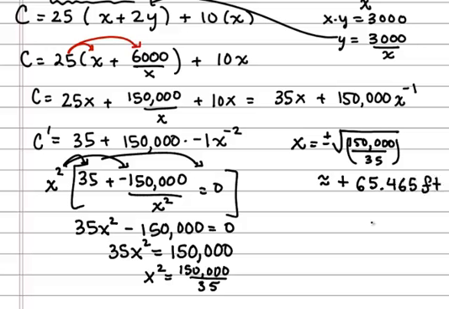And the reason why we can get rid of the negative amount is because it doesn't make sense in the context of our problem.